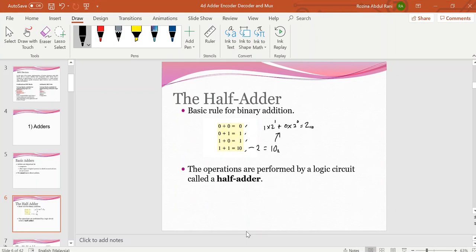This operation can be performed by a logic circuit called a half adder.